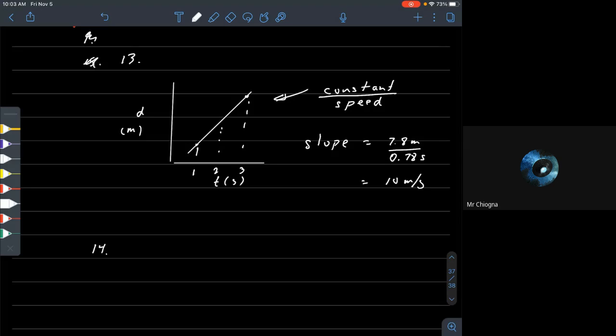Number 14 says use your hand. I'm just going to express it. I'll tell you what is going on here. So if you look at 16A, I'll draw it out for you.